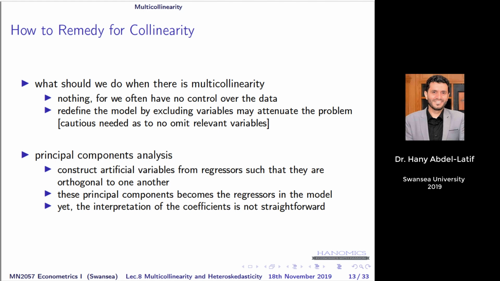So what we would do here is drop or exclude the variable that you think is highly correlated with other variables and is causing the main problem of multicollinearity. But you have to be very cautious when you do that, because you might fall into the problem of omitted variable bias, which we will discuss next time.